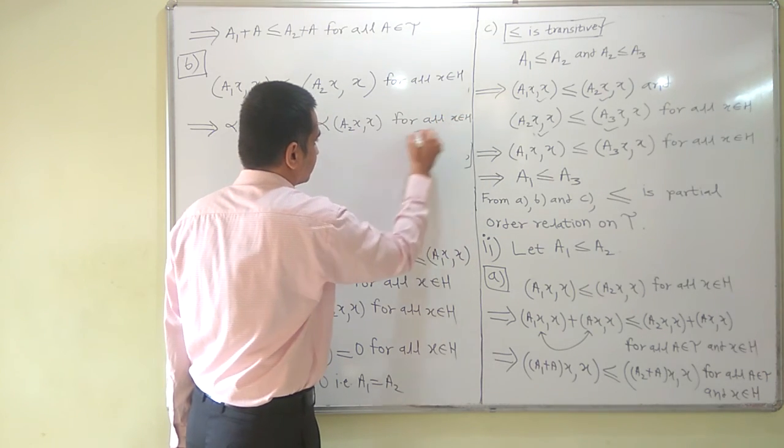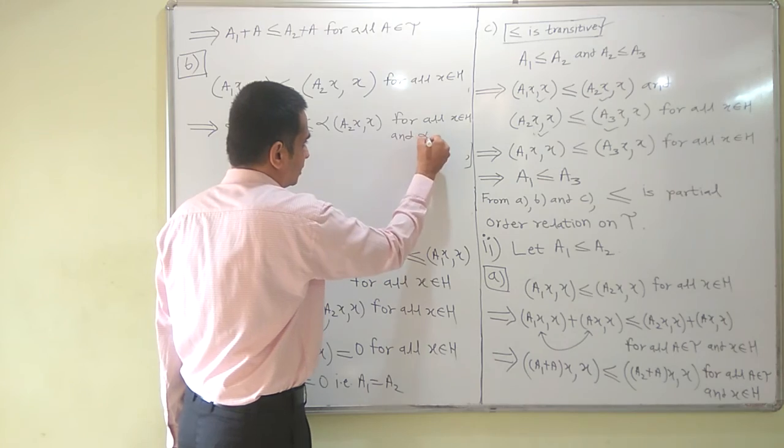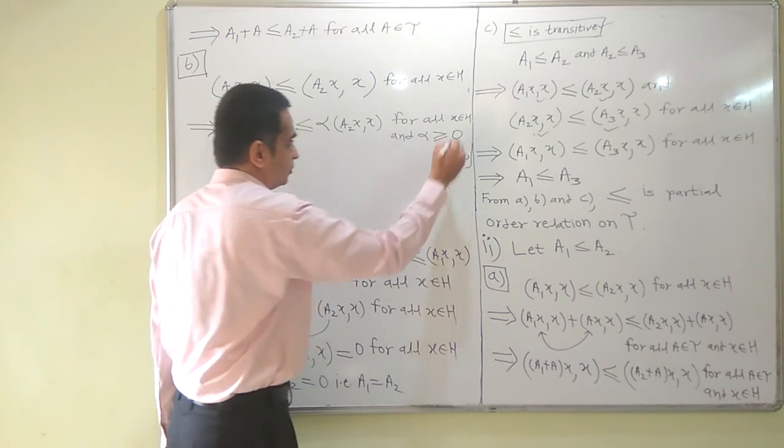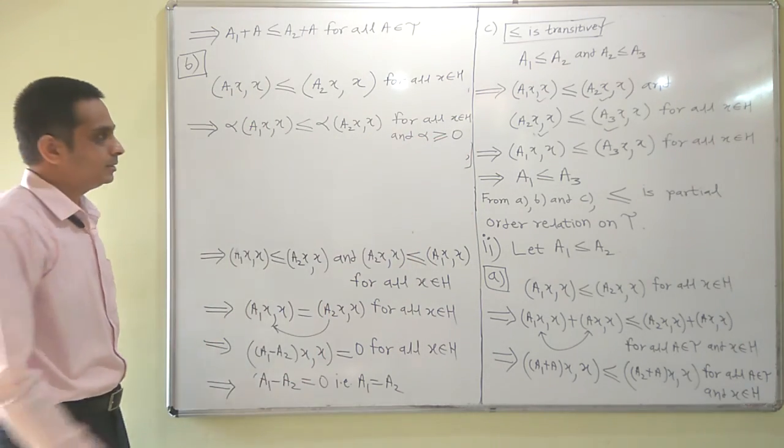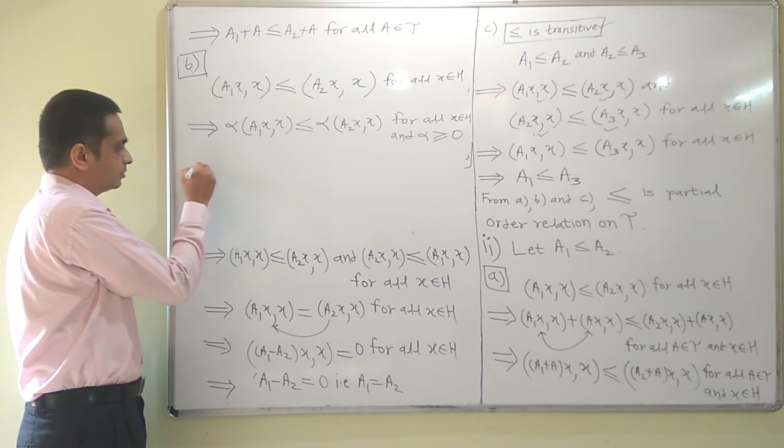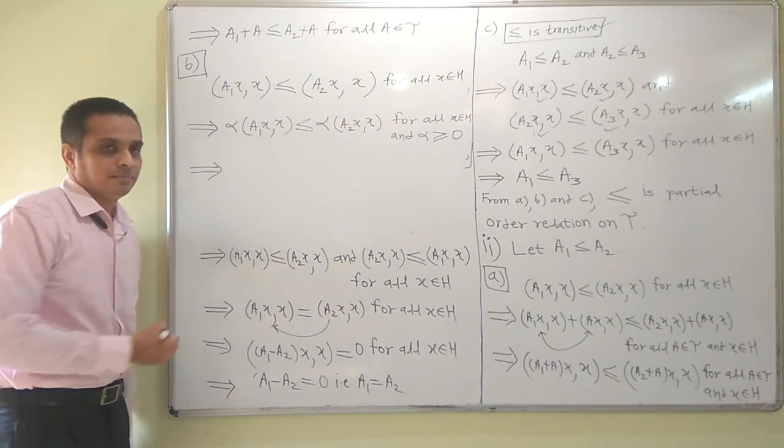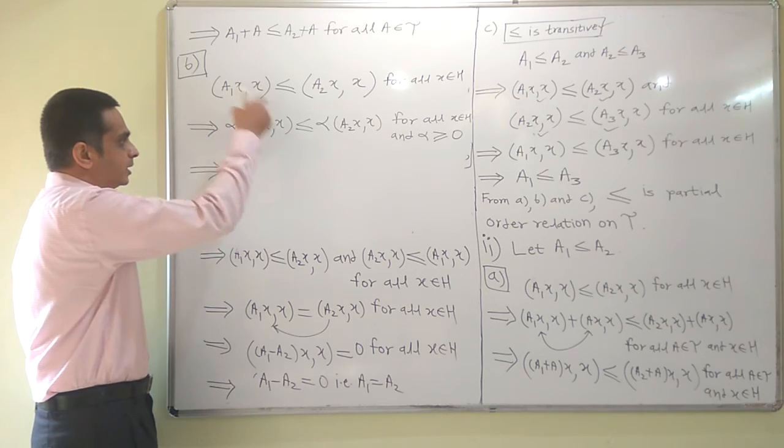So this holds for all x belongs to H and alpha greater equal to 0. I can multiply this inequality by a non-negative real number so that it gets preserved. By properties of inner product, I could take this inside.